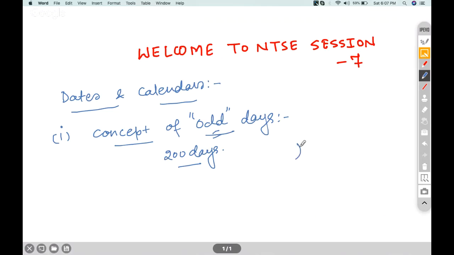Remainder in case of what? In a week, 7 days are there. So I divide 200 by 7. It goes 2 times, this is 14 and this is 60. It goes 8 times, this is 56 and 4 is my remainder.